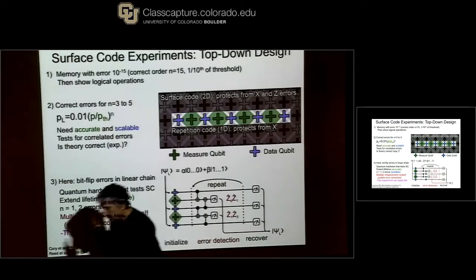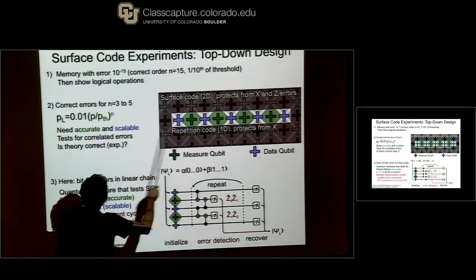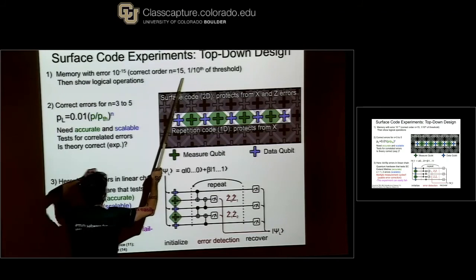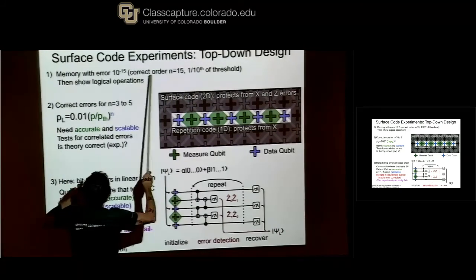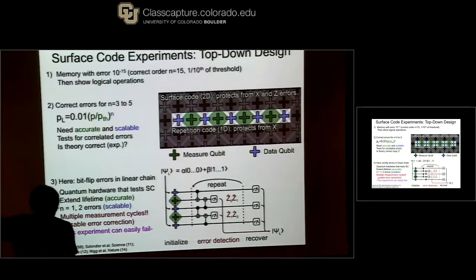So let's talk about an experiment that we did to test this. So we have this big two-dimensional array. We eventually want to correct to 15th order, being a 10th of threshold, then show operations. Okay, that's way far off. That's really hard to do.